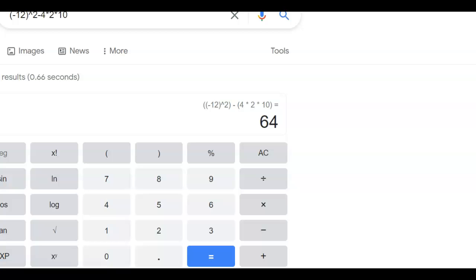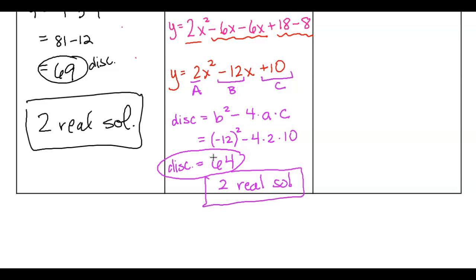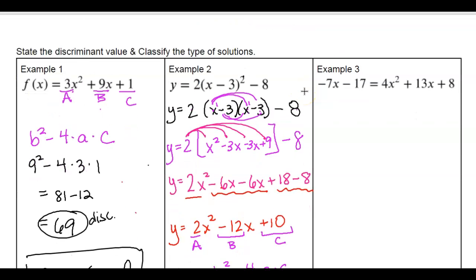I ended up with 64. That's my discriminant. Okay, and since that's positive, I have the same thing as my first example, 2 real solutions. All right, so most of the work was to get it in standard form. All right, let's look at my third example.